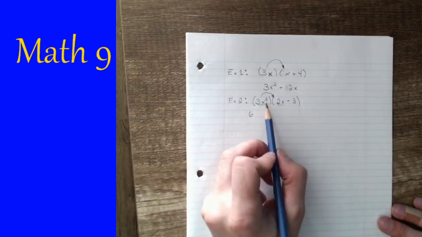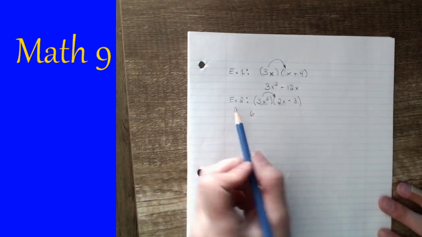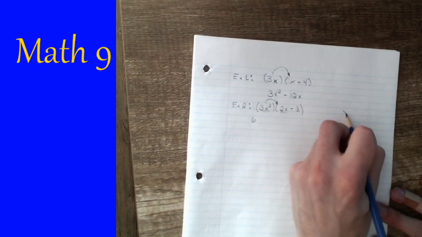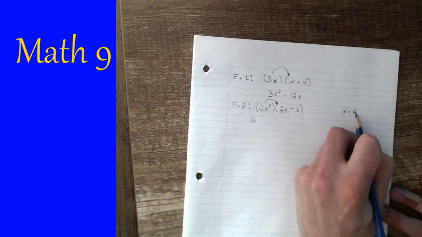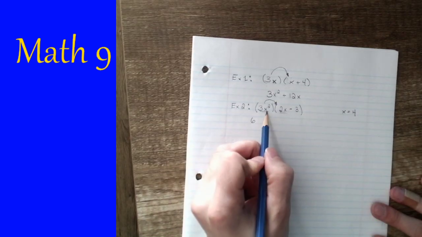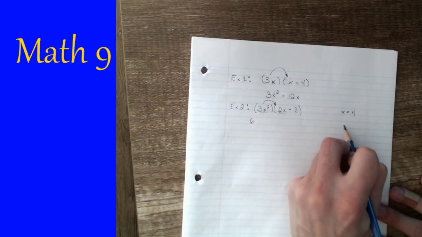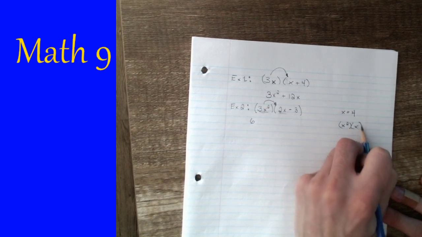And now, what about x squared multiplied by x? Let's do a similar practice. We won't do it as in-depth as we did before, but let's just say that x is equal to 4. And so now we have x squared multiplied by x.